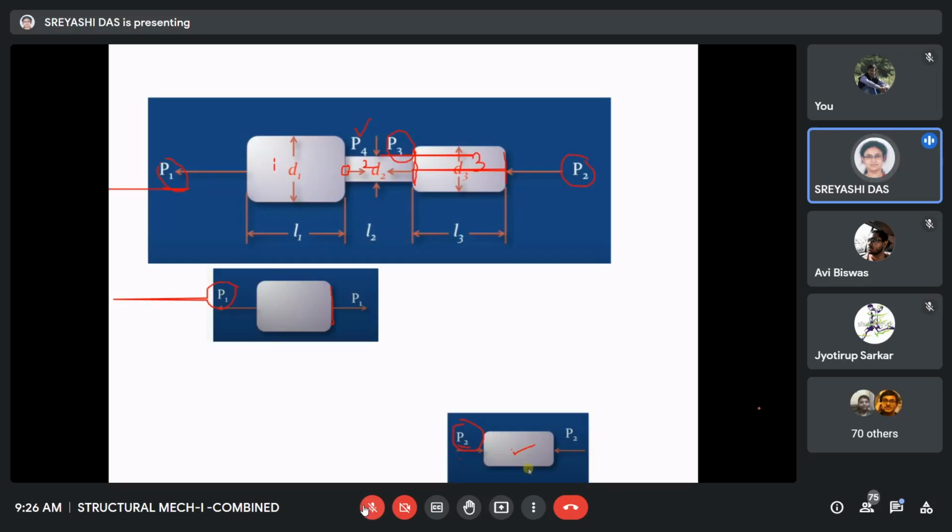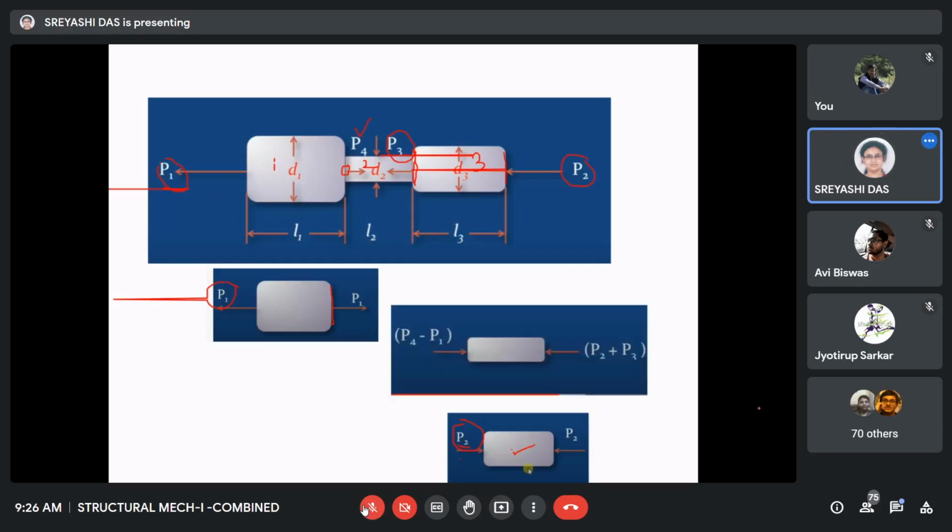Okay. Now come to the middle part. In the middle part, if you take the left side, for member 1, a P1 in the right direction is applied. So obviously there will be a P1 load here to maintain equilibrium, and already a P4 load is applied here, P4.